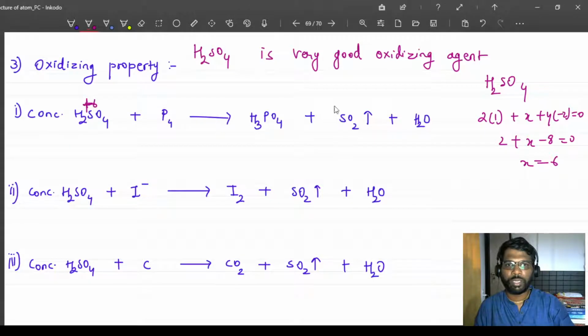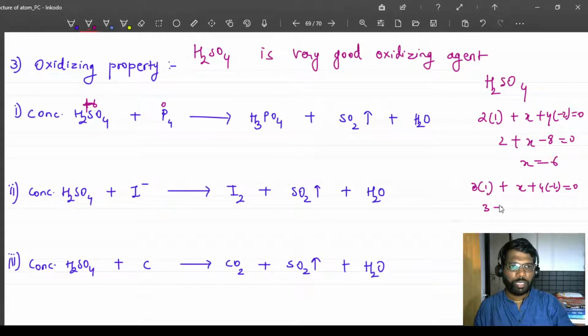If we see over here, the phosphorus was in 0. Now here, in what oxidation state is that phosphorus? Let us calculate. It is 3 into 1 plus x plus 4 into minus 2 equal to 0. I am solving this for H3PO4 to find the oxidation state of phosphorus.